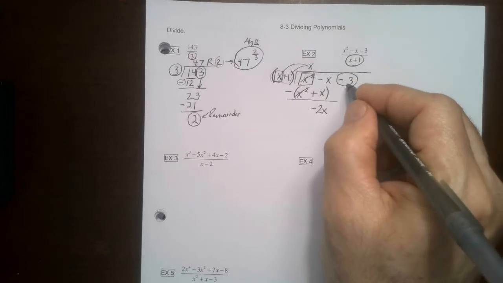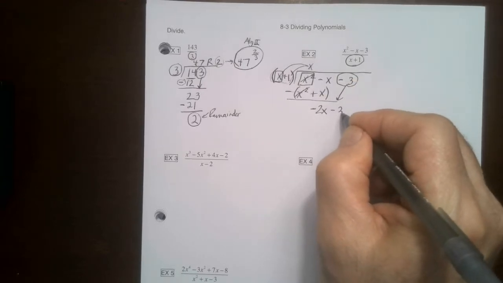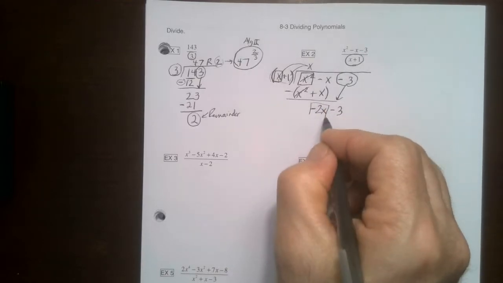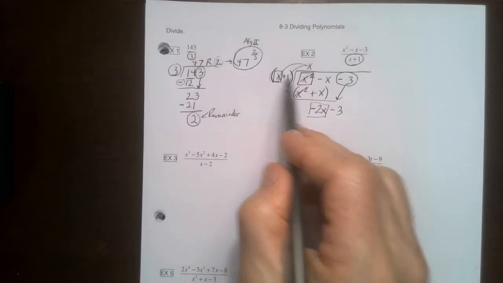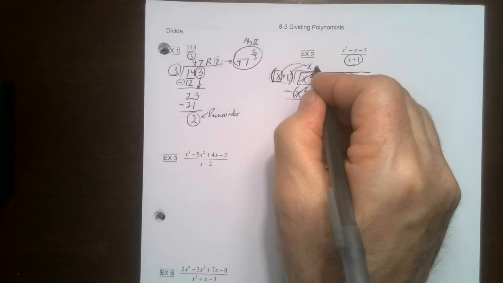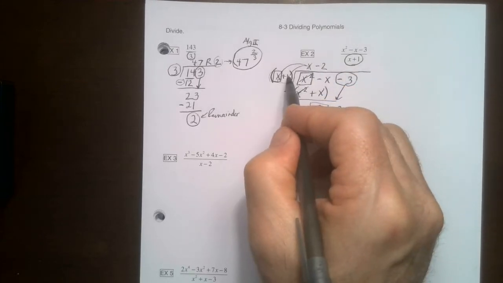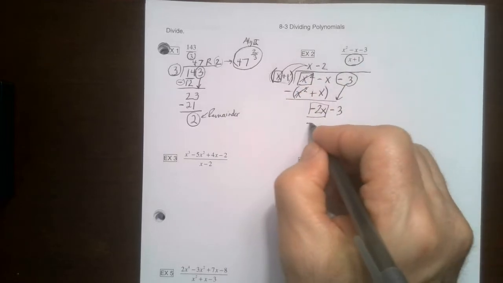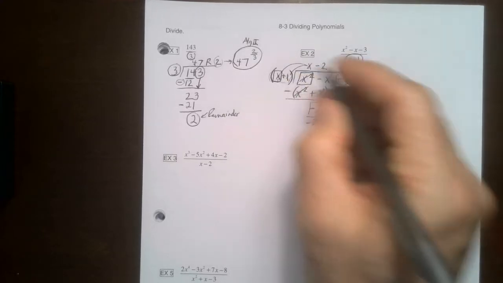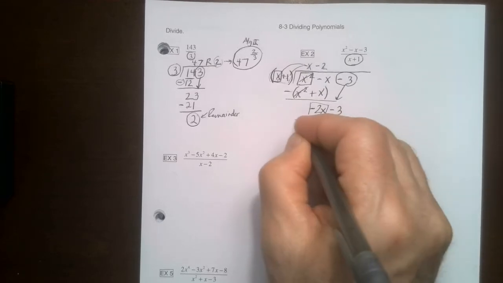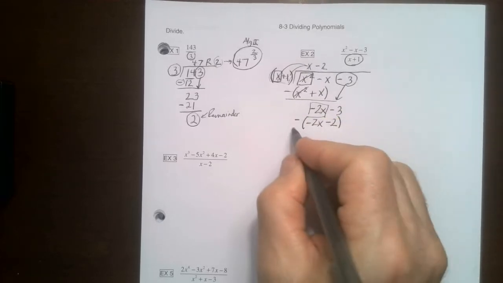And then I got to bring this negative 3 down and do it all over again. What times this number gives me this number? What times this gives me this? Negative 2. But I got to take that negative 2, distribute it to this, distribute it to this. So I get negative 2x minus 2. Insert parentheses, don't forget that, and then subtract, don't forget that.